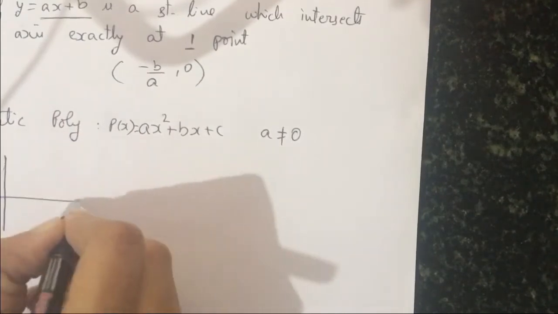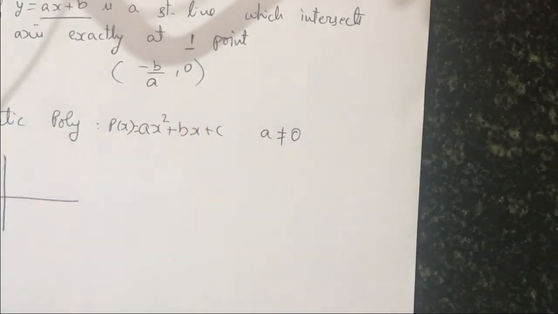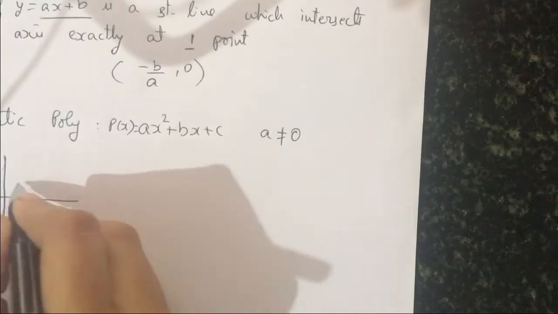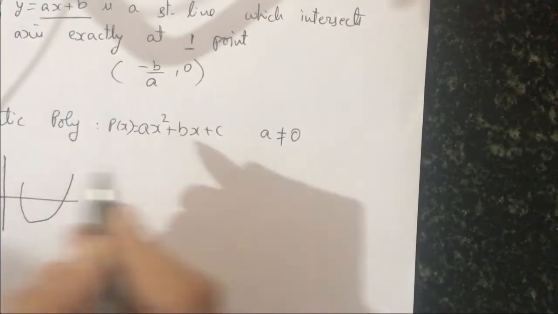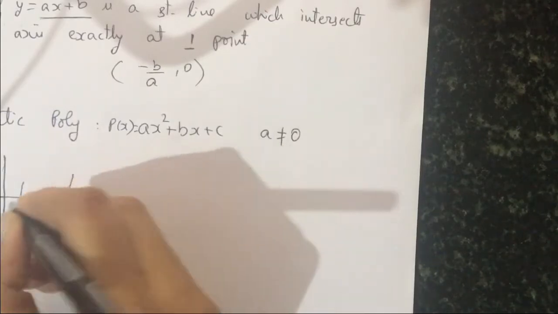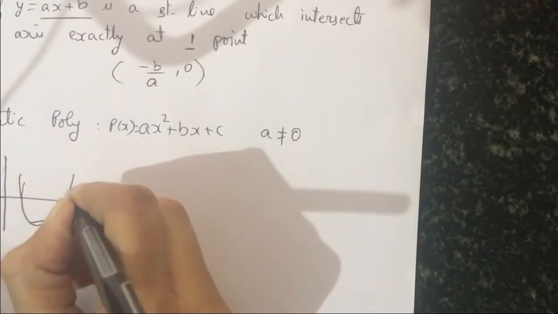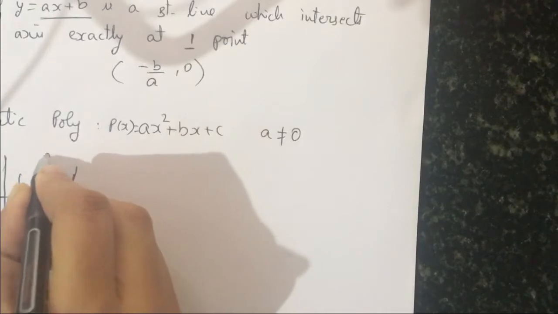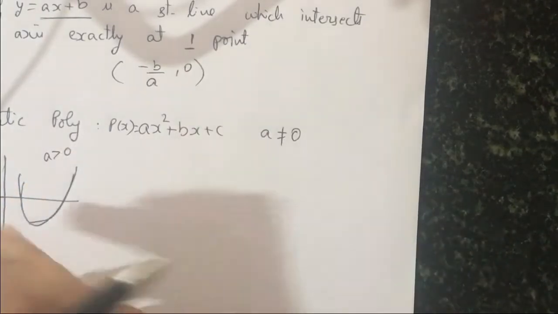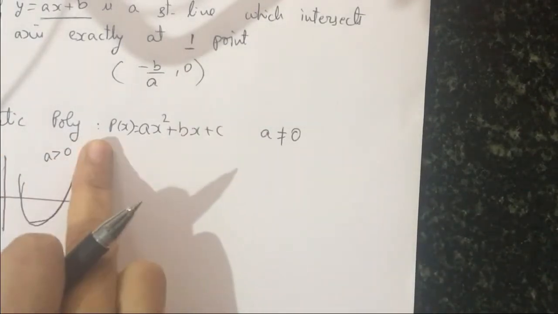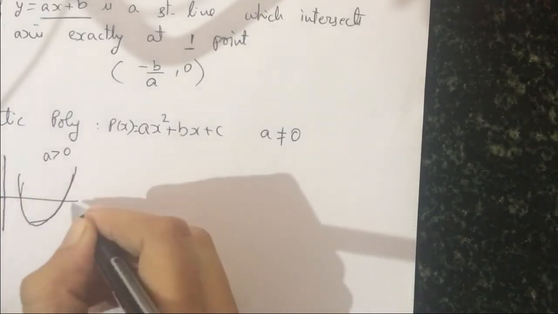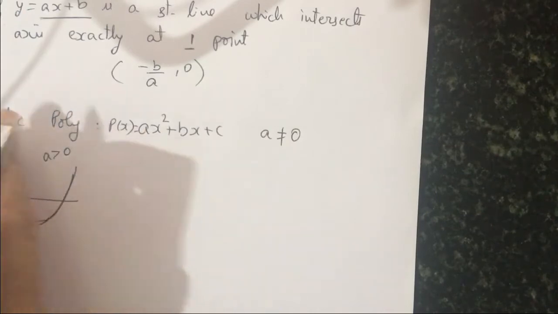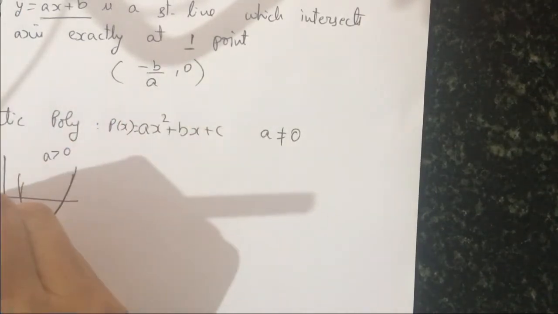One possibility is like this. You may get a parabola like this, upward. This is the case where a is positive. Like when you are positive, you will smile. This is one case. The second case is you may get it on the x-axis, either side of the y-axis, like this.